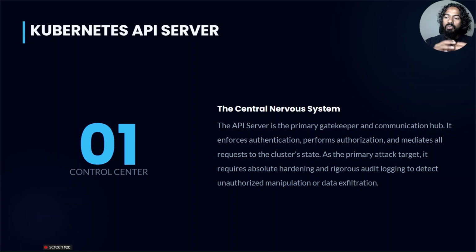So we look at access control as a prime measure here, the exposure, and especially your audit logging. If audit logs are disabled or even incomplete, you lose the ability to understand what actually happened during an incident. So make sure all these are intact.